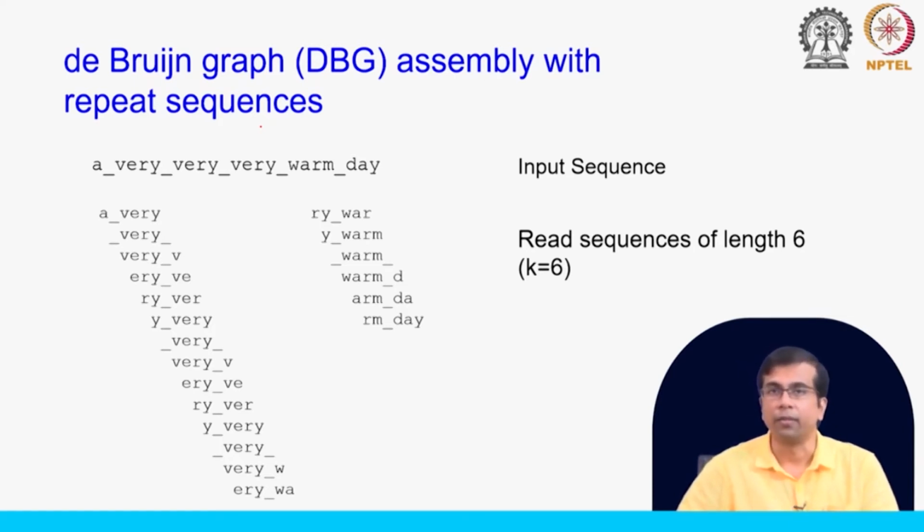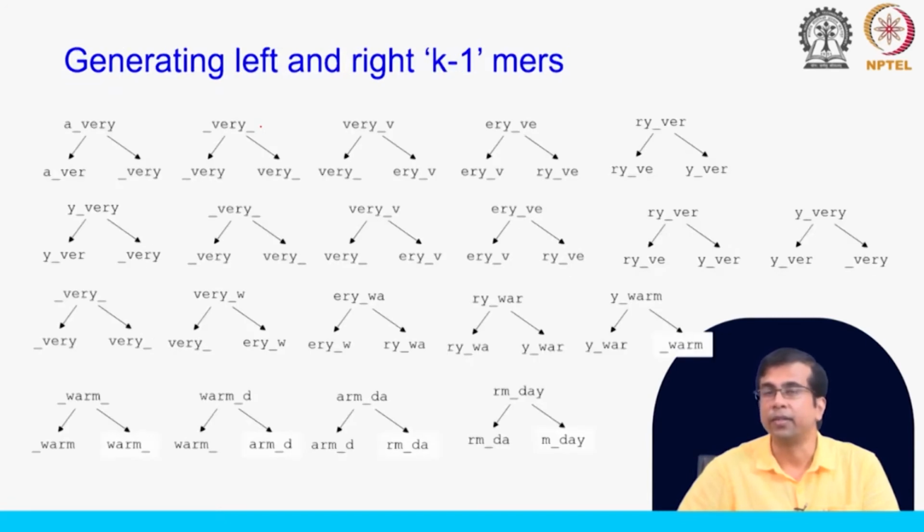With this ideal scenario, we now build all these left and right k minus 1 mers. Of course, I will not have time to describe all this, so you can see them on your screen, and you can take a pen and paper and derive all these left and right k minus 1 mers yourself, following the same process that we described before.